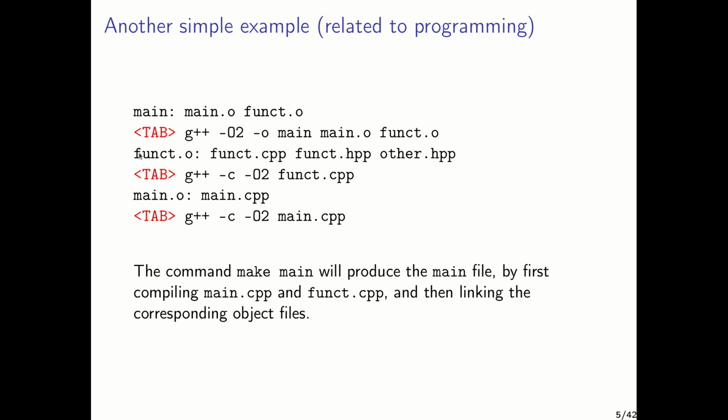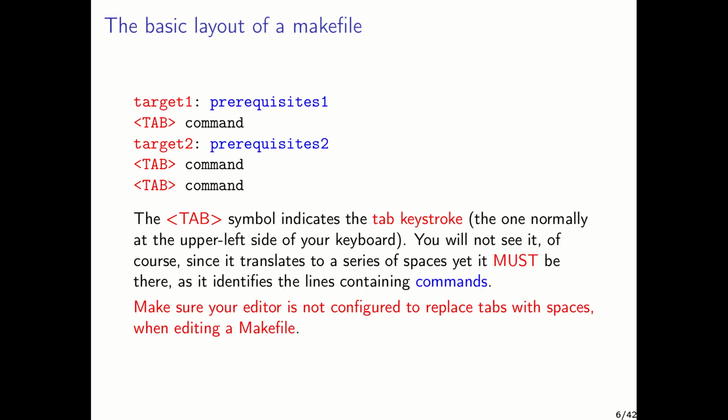And to produce func.o from those files, I have to run gcc -c -O2 because I want optimization, func.cpp. And finally, main.o depends only on main.cpp in this case, and again, to produce it, I have to run this command. So you see, this is the simplest structure for a makefile.